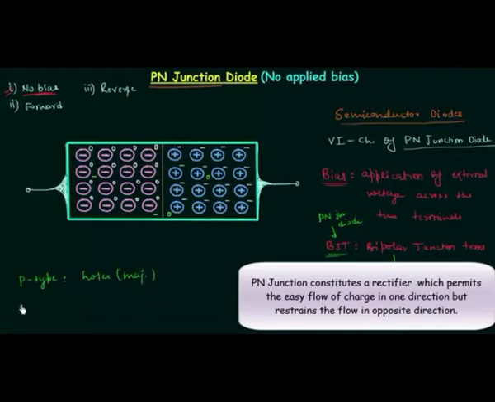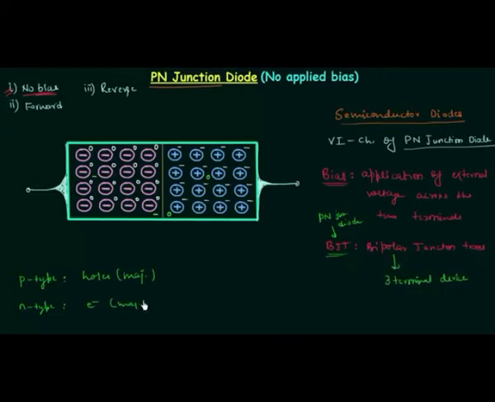On the other hand, for N-type semiconductor, we add pentavalent impurities, and because of this, we have electrons as majority charge carriers. And for the minority charge carriers, for P-type we have electrons, and for N-type we have holes.